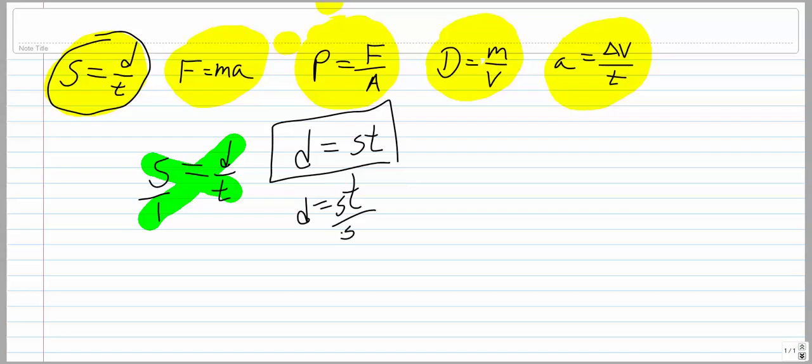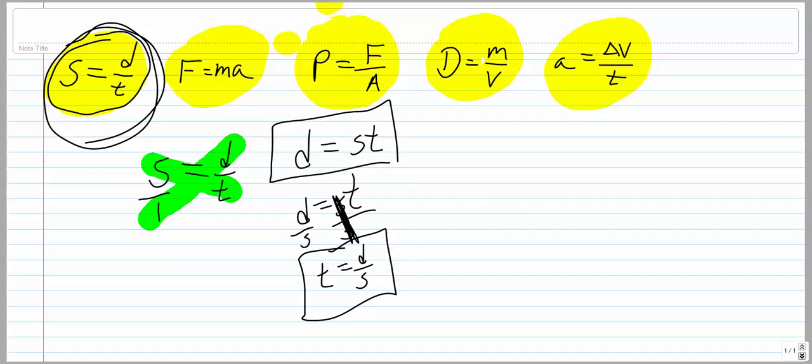Well, you divide by s. So that cancels it out on this side, but whatever you do to one side, the math people tell us we have to do to both sides. So that means we wind up with time equals distance over speed. So if you can take something like this and turn it into that, and turn it into that, then that is a very good thing.